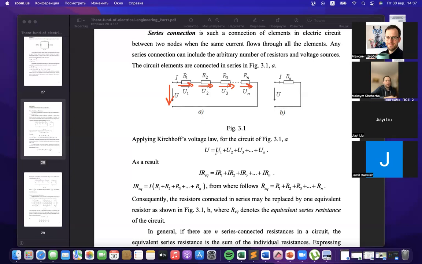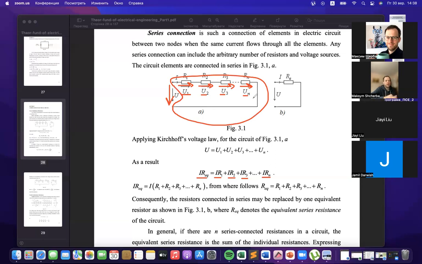And if we transform voltage using the Ohm law into the current and resistivity for each element in the initial circuit, we will get the formula for total current and total resistivity of the whole circuit, starting from the whole voltage.